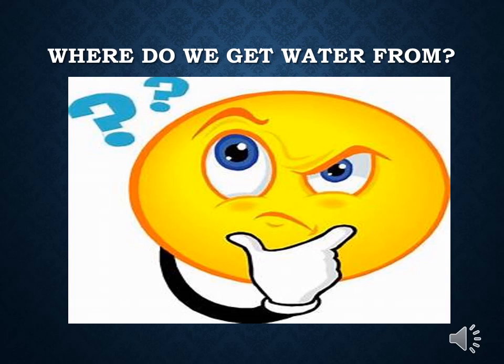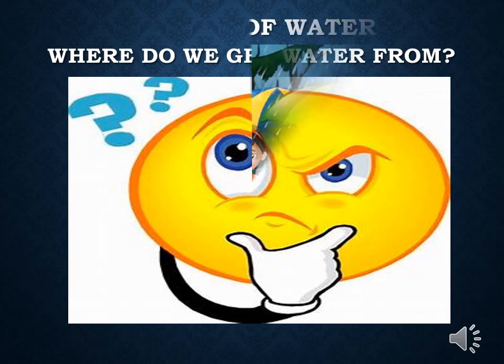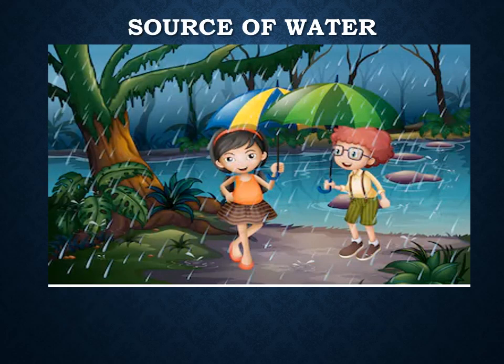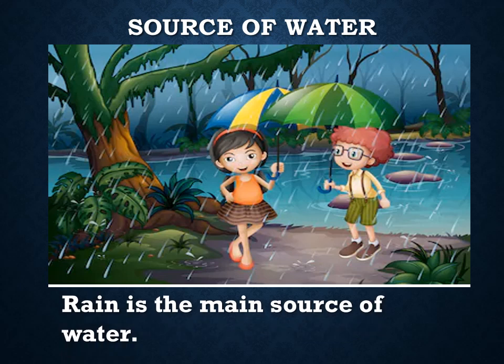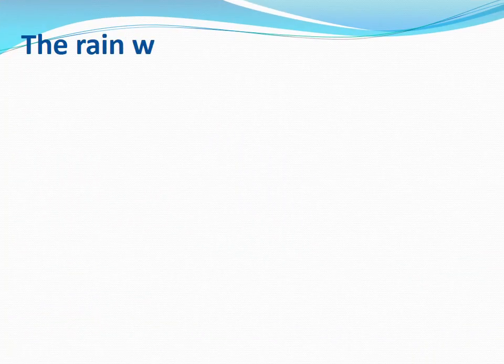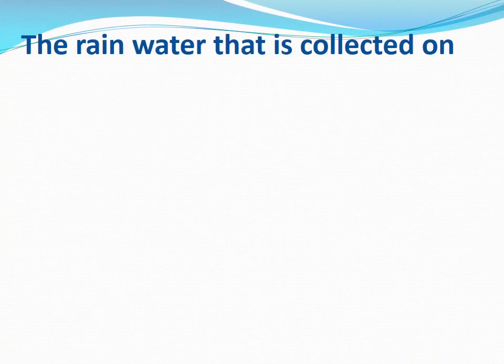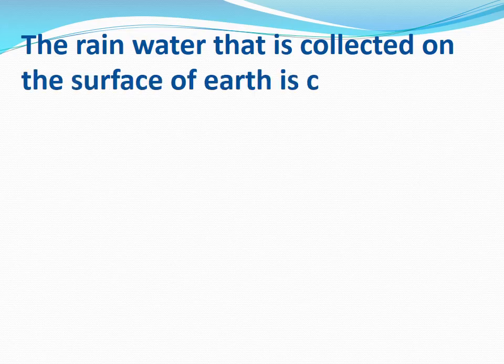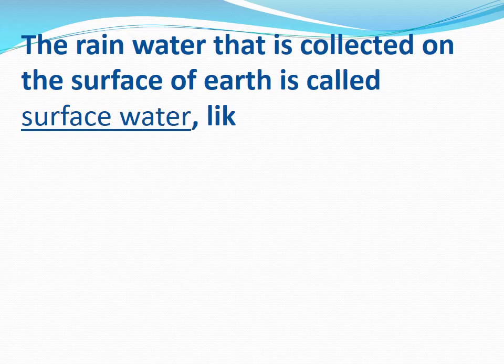But do you know where we get water from? The main source of water is the rain. You all might have seen and enjoyed the rain. Some rainwater collects on the surface of the earth.